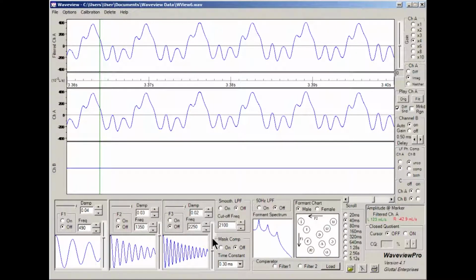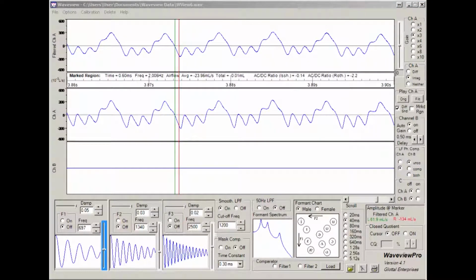Now we'll take out the formants one by one. What you're seeing on the screen is mostly first formant energy. So we'll take out the first formant first.